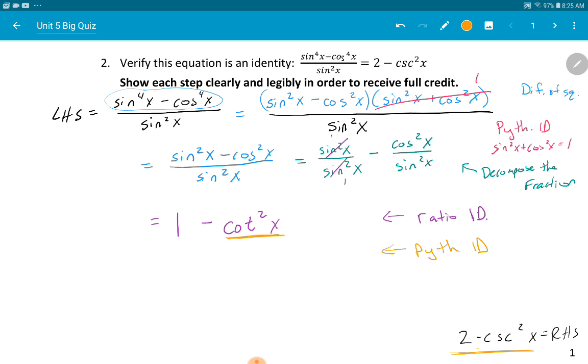that says cotangent squared equals, I think it's actually written another way. I think you have to subtract the 1 from both sides to get this.